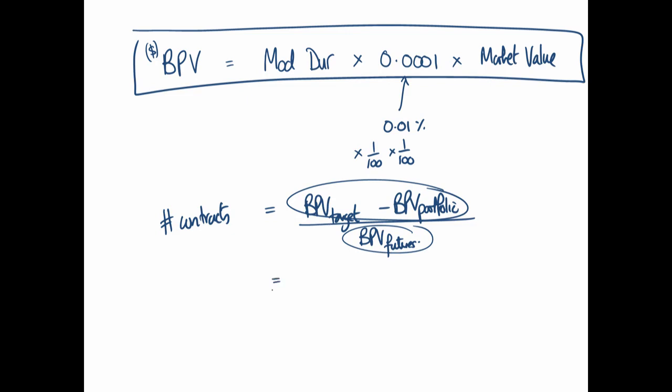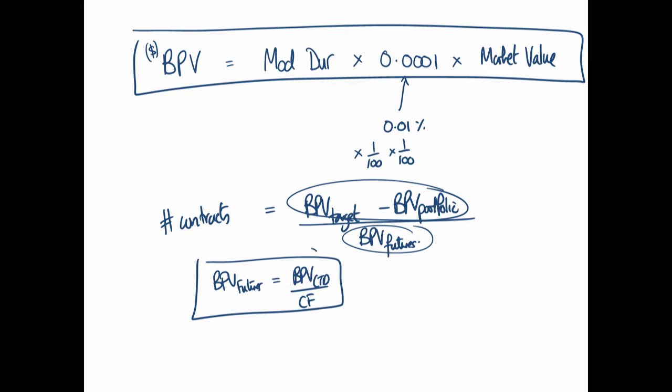So essentially here, I'm going to introduce the other thing that we spoke about earlier as well, and that is, don't forget, a futures contract is related to the CTD by dividing through by the conversion factor. That's something that we emphasized earlier on. So if I rewrite this, the numerator will stay the same.